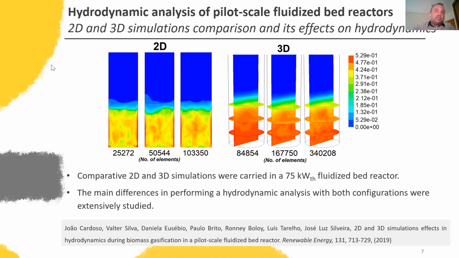If we really need a very, very accurate result, then we should go to 3D as a last option, because it will take too much time, and sometimes just to have 2 or 3% of improvement, which in a big complex process in the industry is nothing, because sometimes we have errors of 5 to 10%. So going from 2D to 3D, the gain is not enough to compensate for all the time we take to do it.